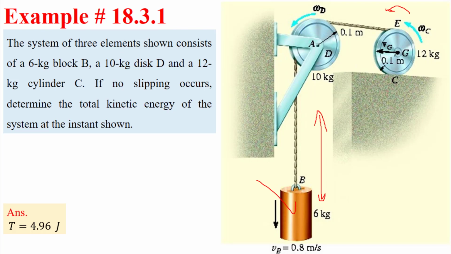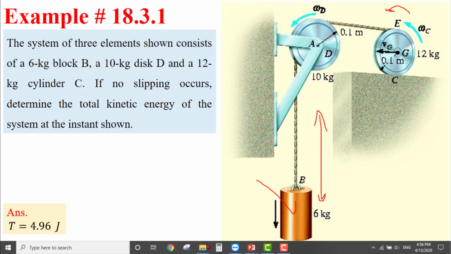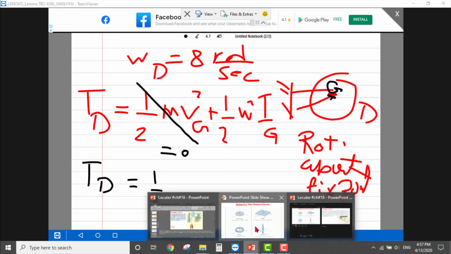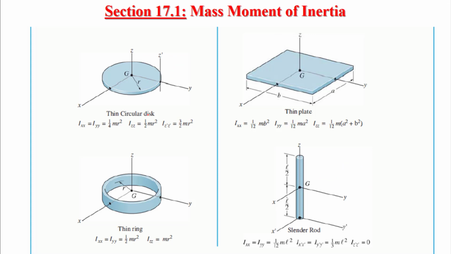So here is the solving board. Continue here. So the kinetic energy of the disk equals half the mass moment of inertia for the disk. From where can we get it? We can get it from the 3D shapes. Let me go back to the PowerPoint, and here is the mass moment of inertia for uniform shapes.